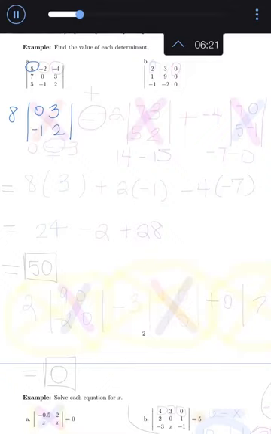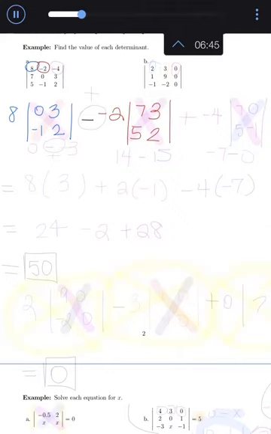Now we'll subtract the middle piece. We'll look at the second entry, which is -2, and multiply it by the matrix created by deleting its row and its column, which leaves us with 7, 3, 5, 2.